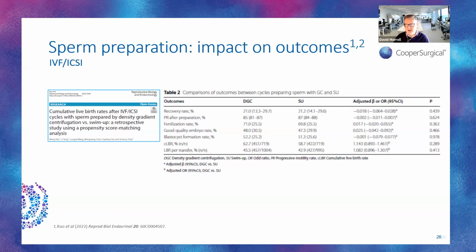But the bottom line is, if you look at the p-values, there was no difference between the two techniques in terms of fertilization rate, the good quality embryo rate, blastocyst rate, cumulative live birth and live birth per transfer. So the bottom line is the way you select your population of sperm appears to have little impact on the outcomes.